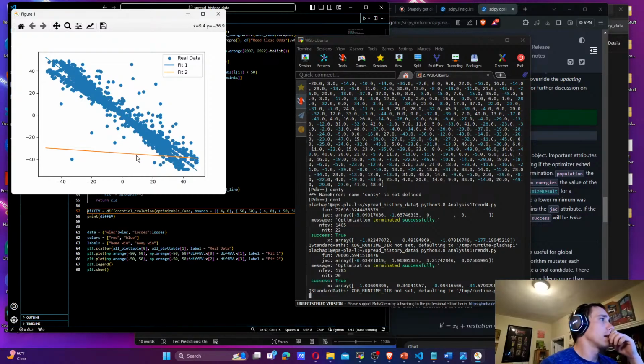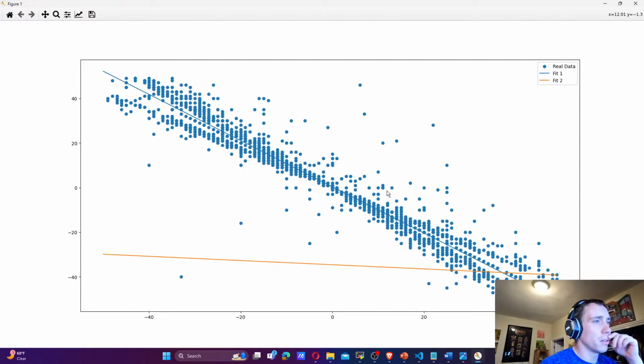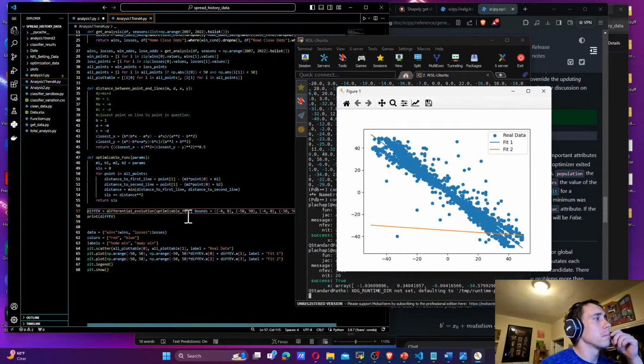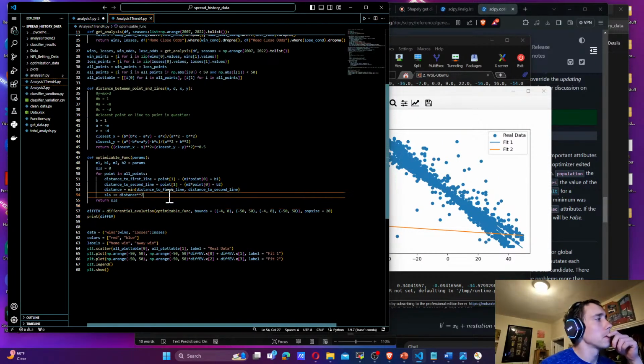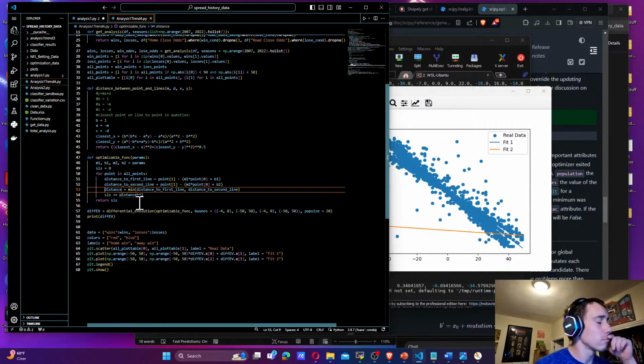Okay, so you got that trend line. I just wonder why it's really only fitting 1 trend line to the data. So maybe the problem is, okay.